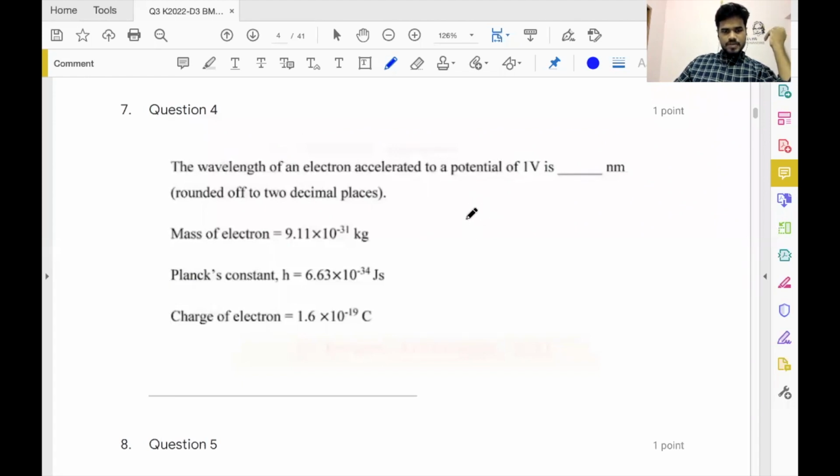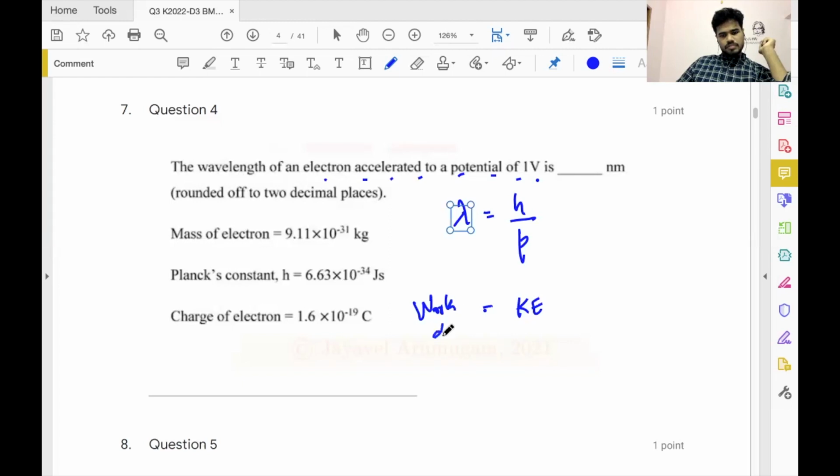Yes, sir. Sir, we know the de Broglie property. Lambda is equal to h by p. And p we have to somehow find from this information. Sir, we know the kinetic energy, half m v square, is equal to work done qV.